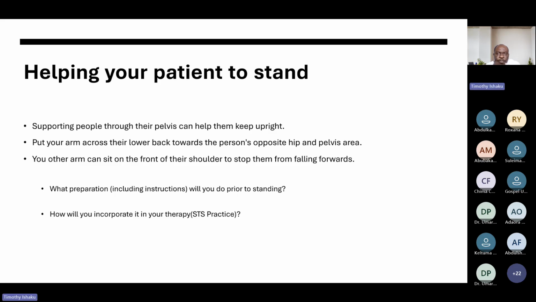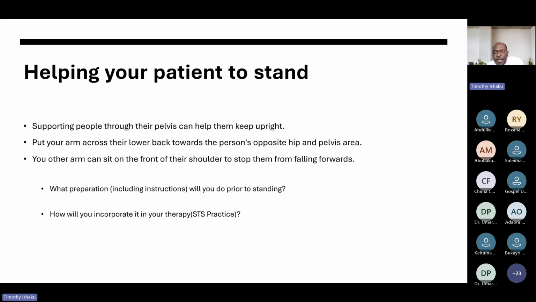When our patients are on the floor, if they can stand up, we will encourage them to stand up. But if they cannot stand up, there are... I've mistakenly muted myself.